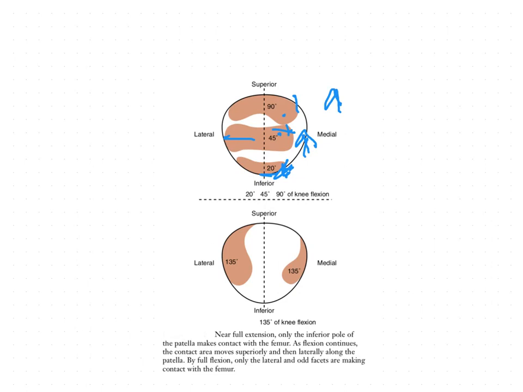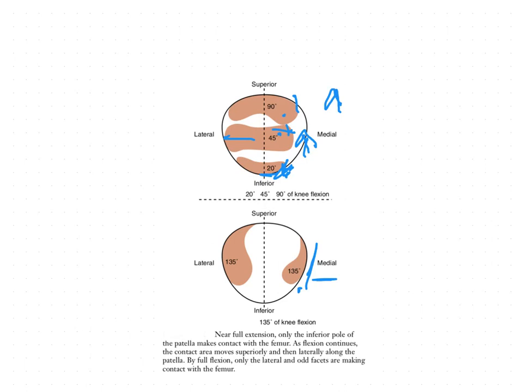As the flexion continues beyond 90 degrees, the area of contact begins to migrate inferiorly once again, as the smaller odd facet makes contact with the medial femoral condyle for the first time.